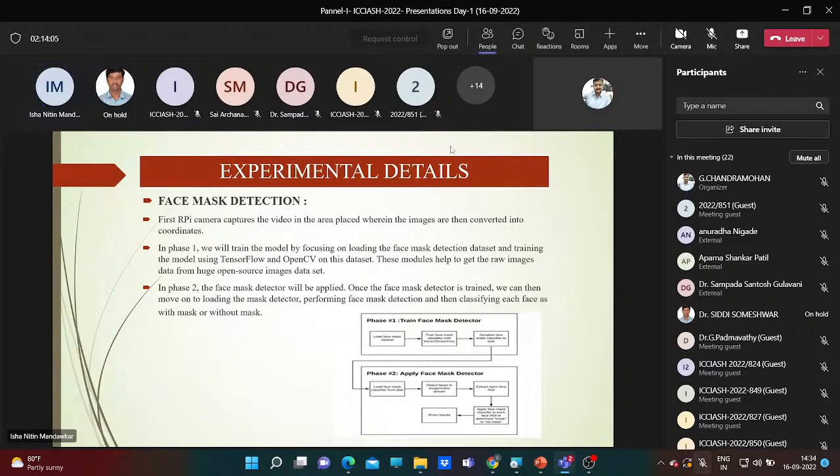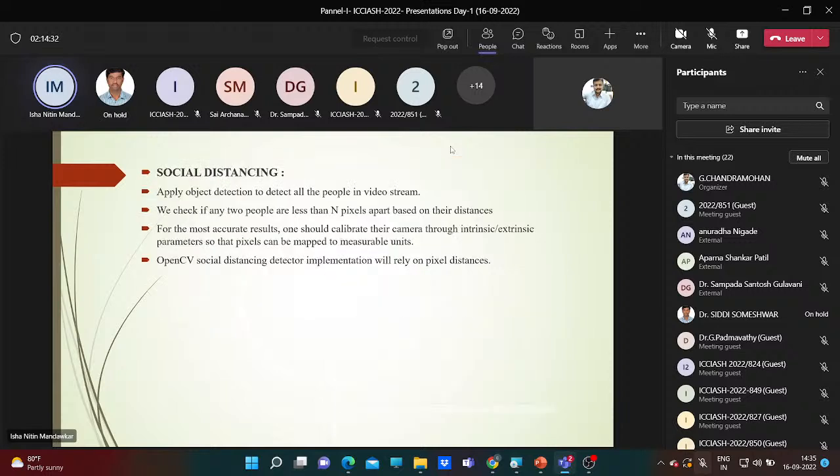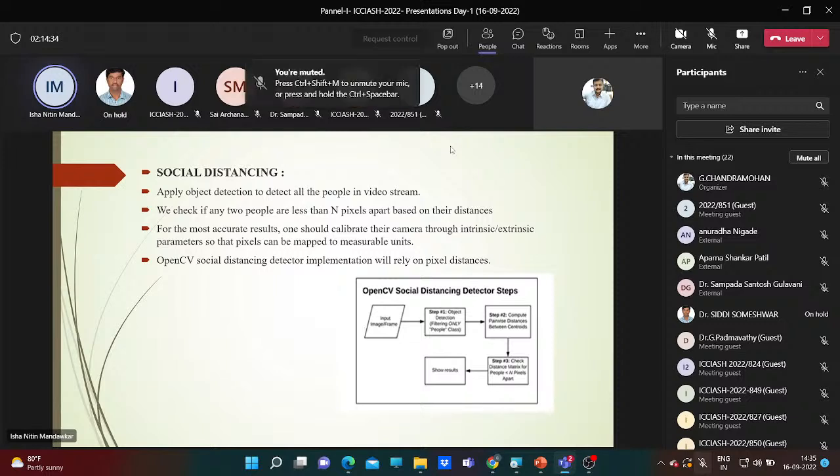In the face mask detection, we first load the face mask data set. We train the face mask data set using the libraries like TensorFlow, OpenCV, Keras, and from there it detects faces in image or video mode. We extract using face ROI, region of interest, where it displays red for wearing mask and green for not wearing mask, and hence the result is displayed.